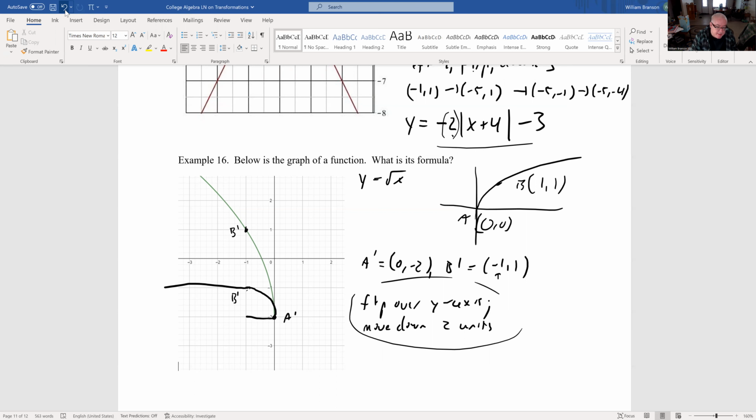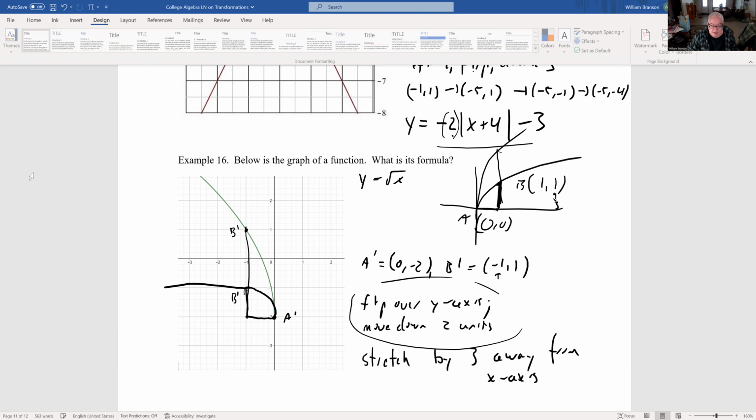So what happened? Well, 1 unit, 1 unit, but we don't actually want a distance of 1 unit here. We want a distance of 3 units. So to get a distance of 3 units, we're going to have to take the y value of B and multiply by 3 to stretch the function away from the x-axis. So stretch by 3 away from the x-axis.